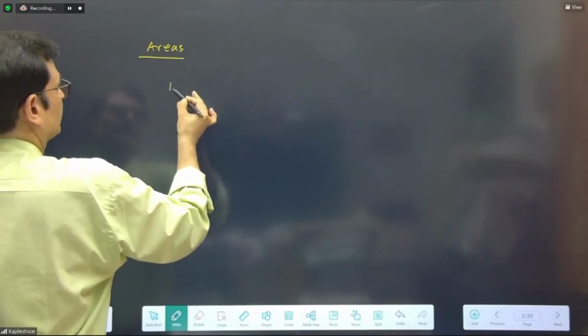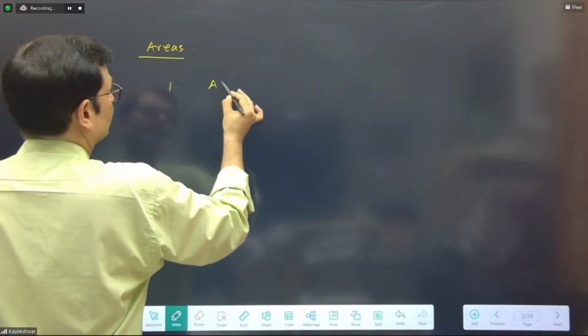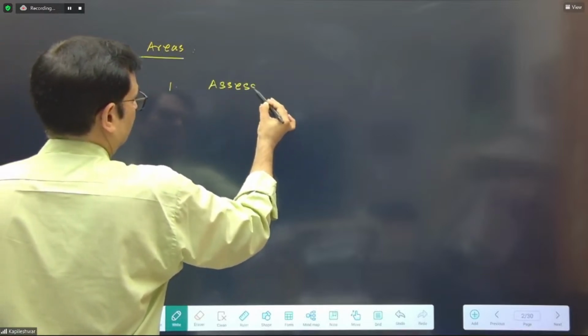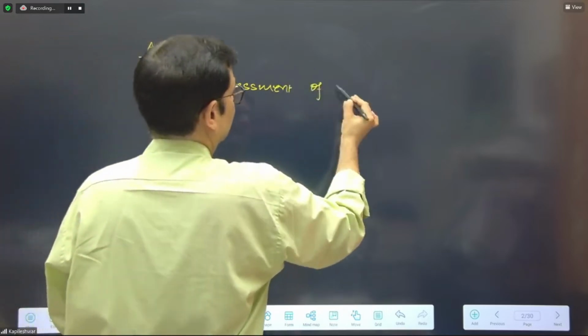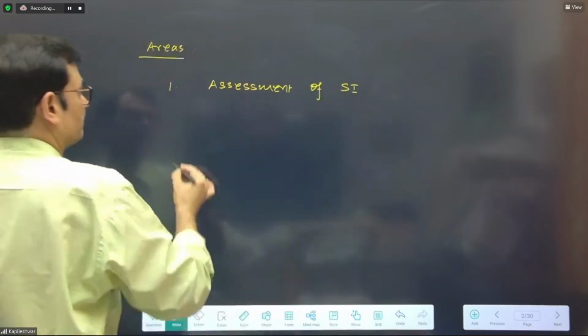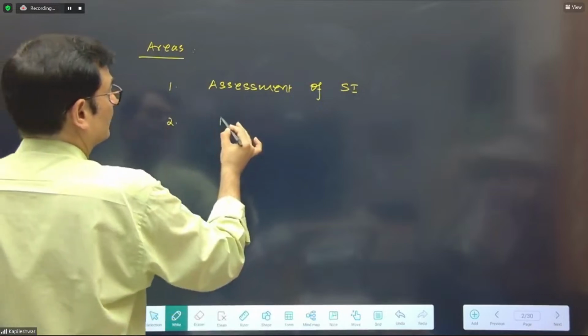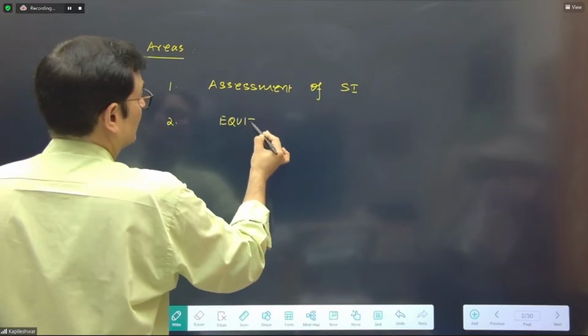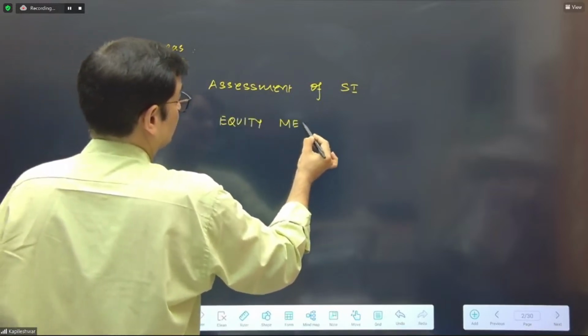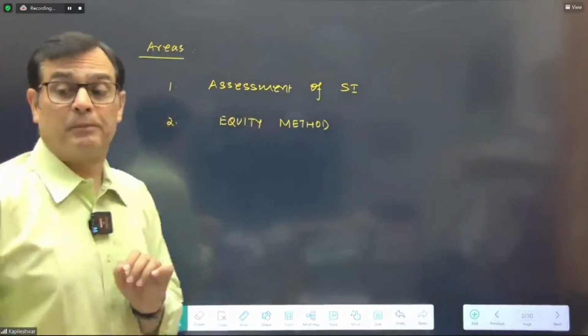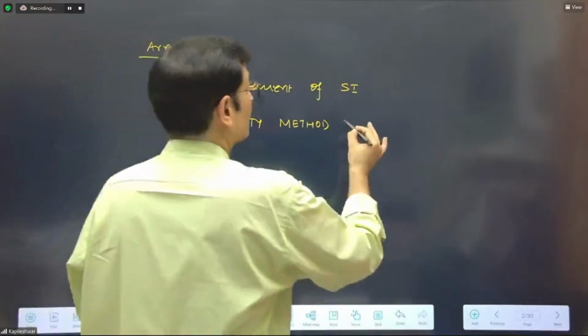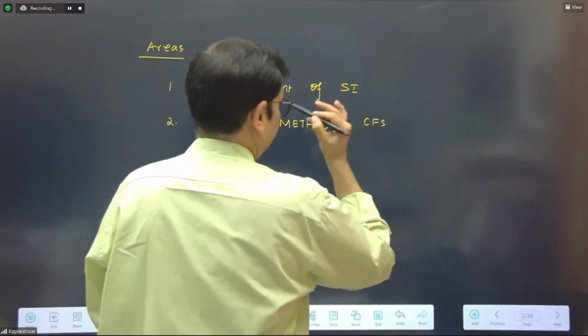In terms of the standard, number one, we're going to look at the assessment of significant influence. Number two, we're going to look at the equity method of accounting, that if there is a significant influence, then how does the equity method apply in terms of consolidated financial statements?